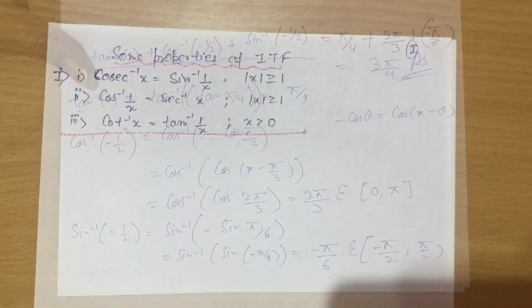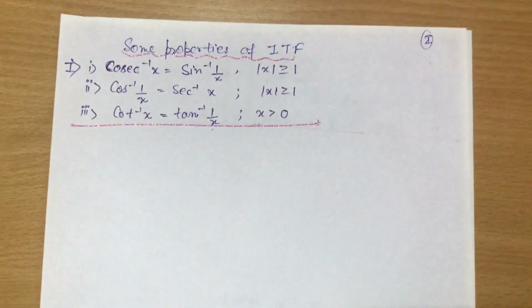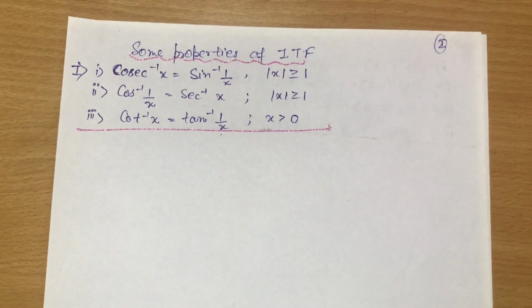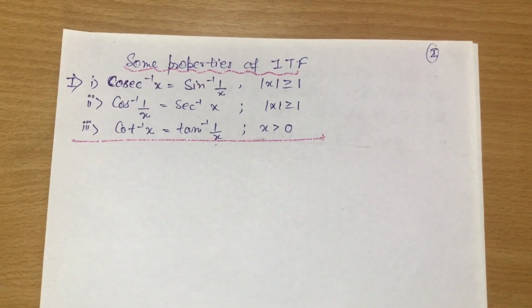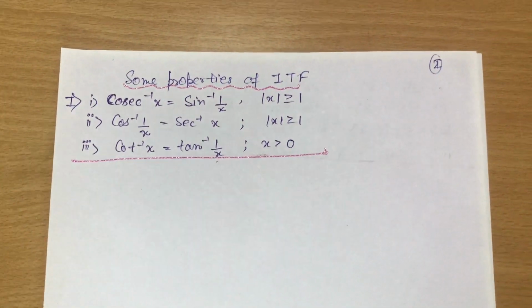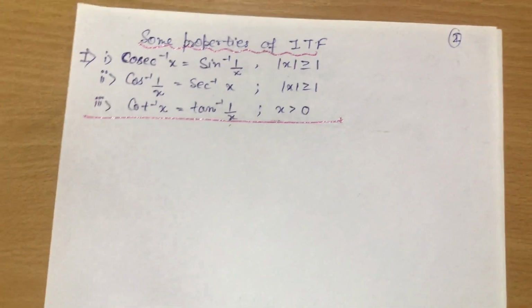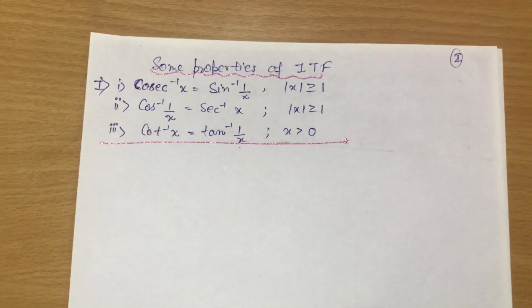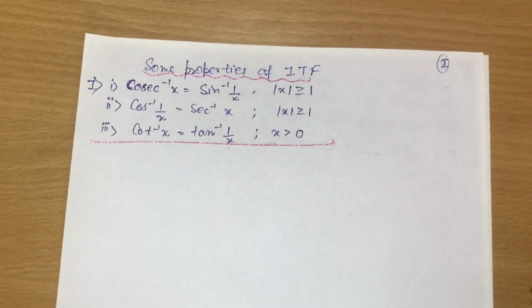Okay students, before we proceed to exercise 2.2, there are some other important properties of inverse trigonometric functions that are very useful for solving exercise 2.2. The first property is cosec inverse of x is equal to sine inverse of 1 upon x, such that mod of x is greater than or equal to 1.